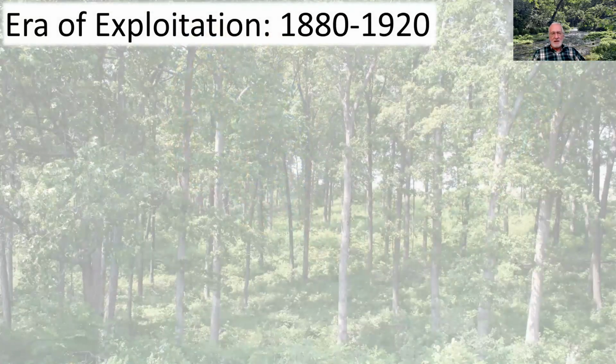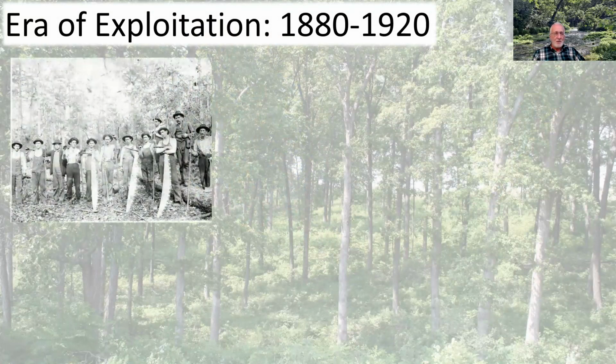Then from 1880 to 1920, unfortunately, came the era of exploitation. It's amazing how much could be done with a crosscut saw, but quite a bit. This was before the days of chainsaws.